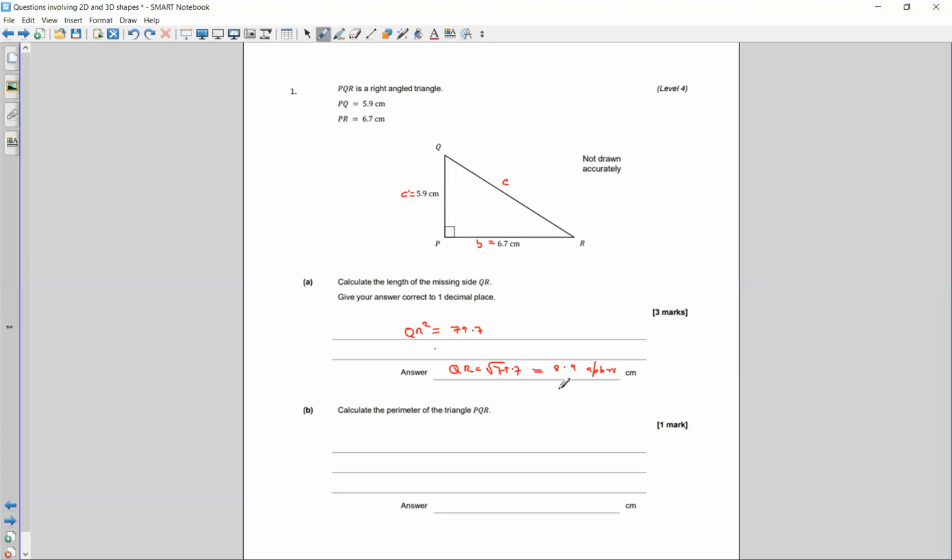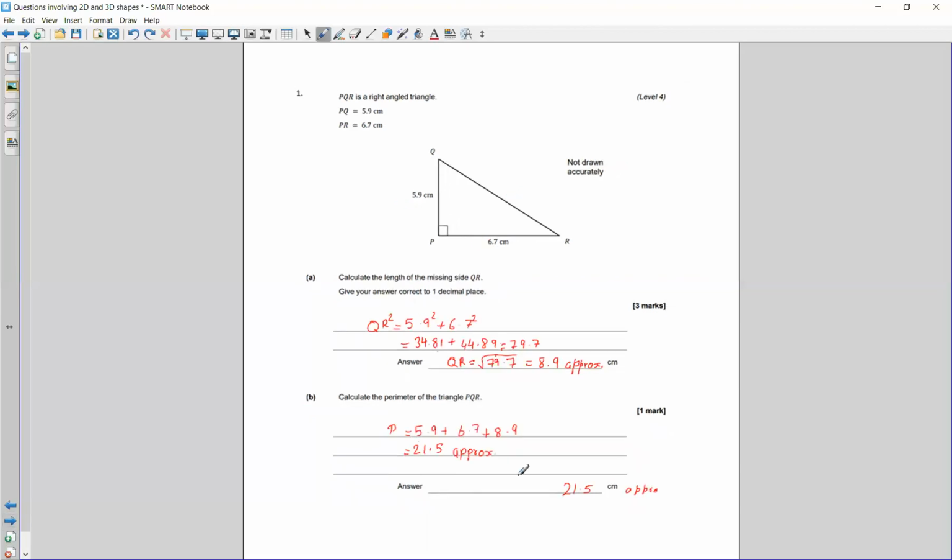So 8.9 plus 6.7 plus 5.9, and that would have given you 21.5 approximately, because this was an approximate answer. So the perimeter will be 21.5 centimeters. Okay.